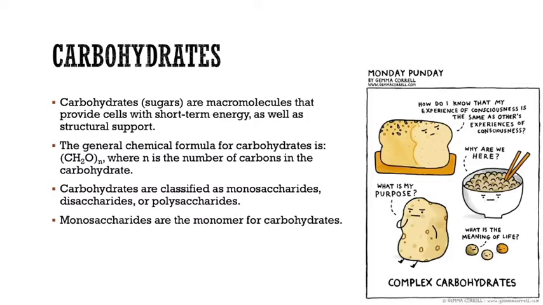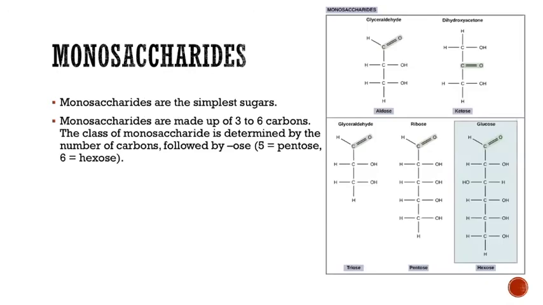Monosaccharides are the monomeric unit for carbohydrates, so that's the base unit for carbohydrates. These are the simplest sugars, and mono means one, so one sugar. Monosaccharides are made up of 3 to 6 carbons. There are some that can have 7, but in general, they're 3 to 6.